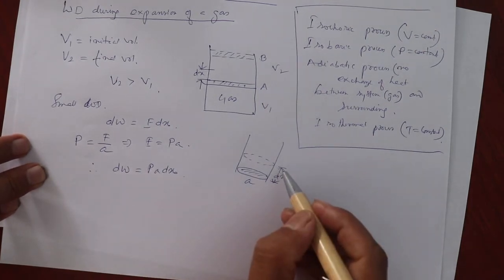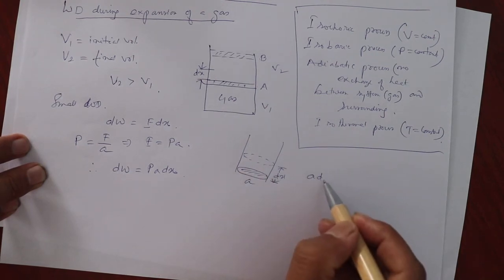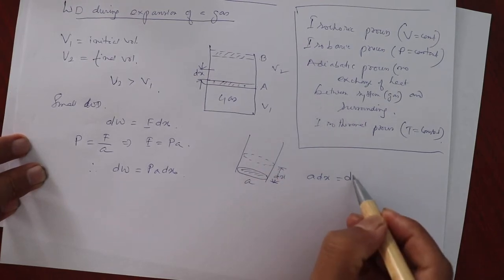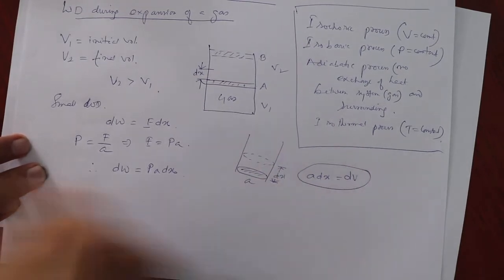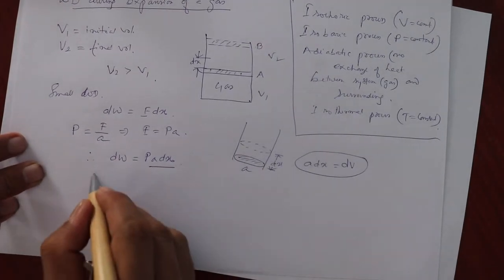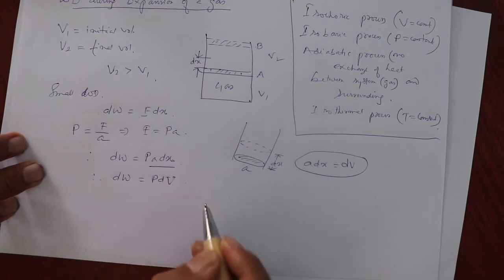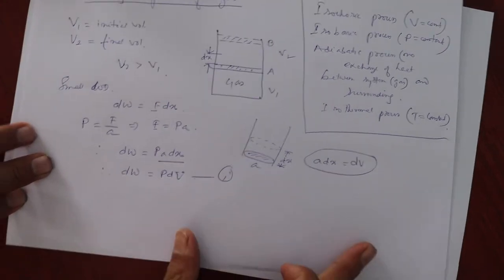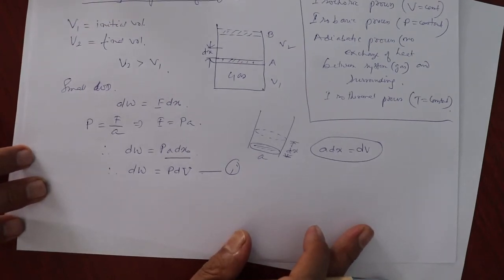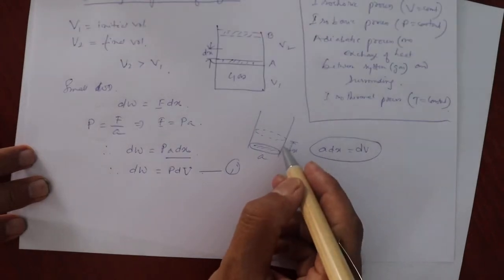But if you look at the figure, A and dx give the volume of the cylinder here. It is a small volume, so I can write A dx as dV. Therefore your work done becomes P dV. This is your equation number 1, which simply represents the small work done during expansion of the gas through dx only.